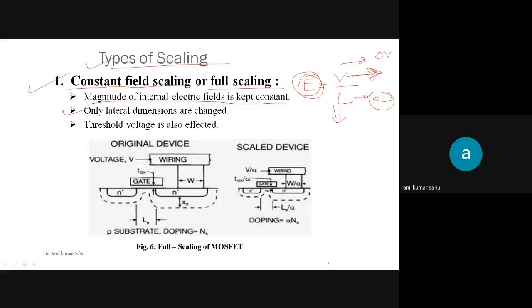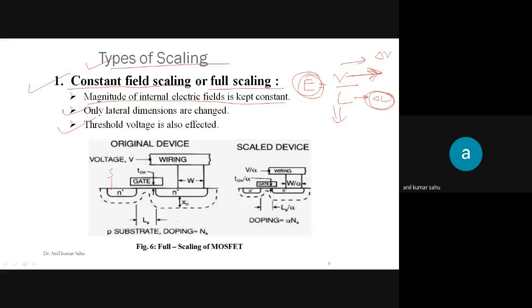Here you can see the original device having the voltage V. This is the gate, this is the N plus, this is the source, this is the drain.